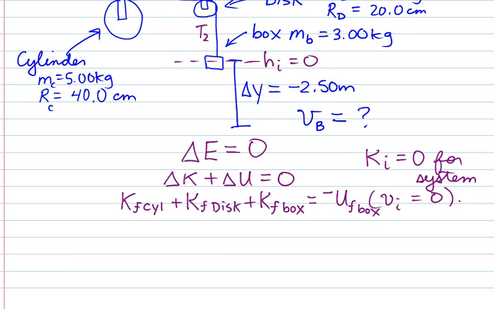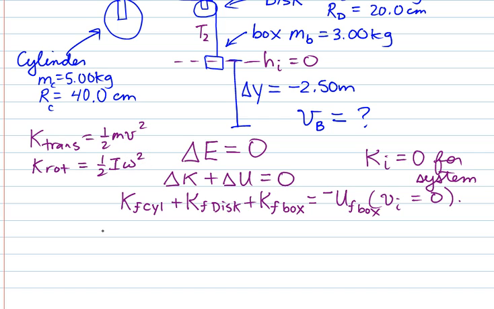We know that when an object is rotating, instead of having a translational kinetic energy of 1/2 mv squared, we must use the rotational kinetic energy, 1/2 I omega squared.